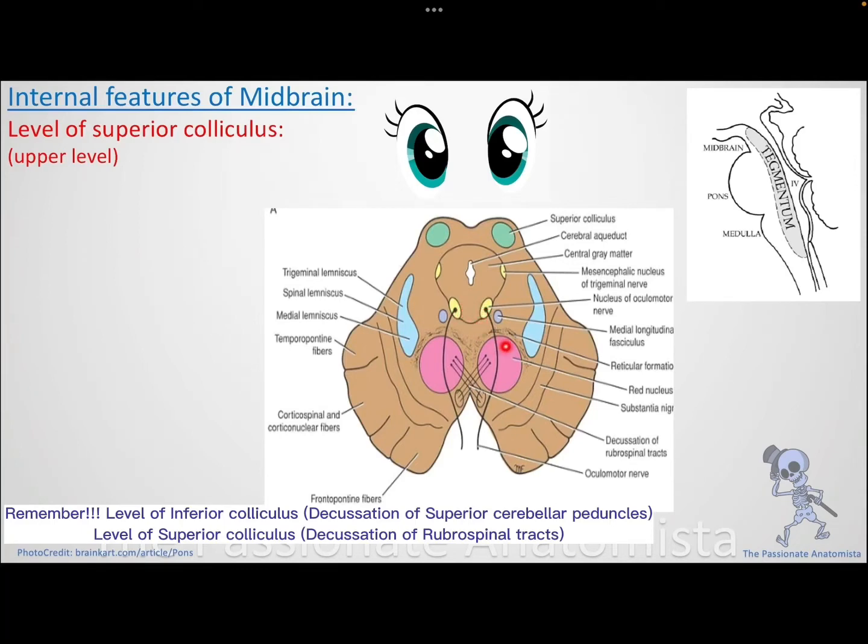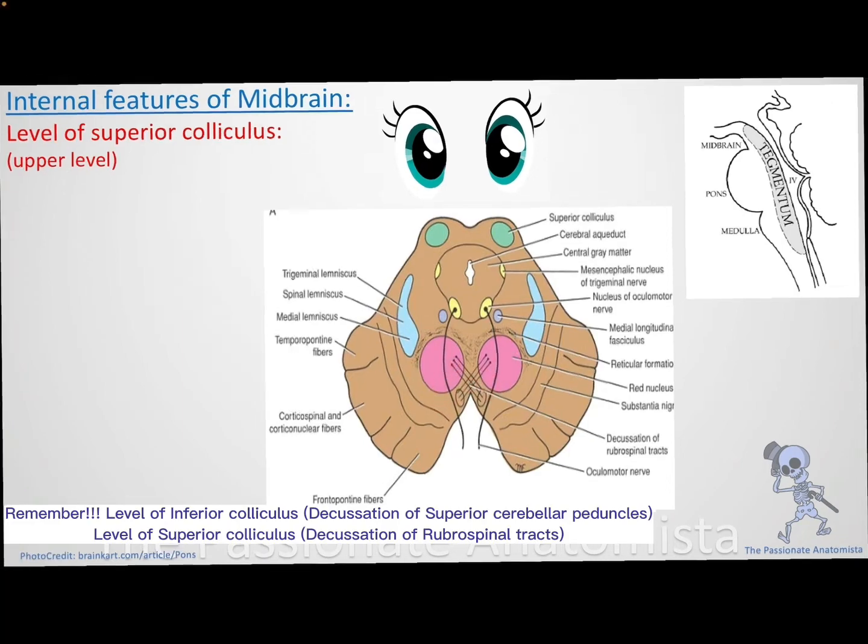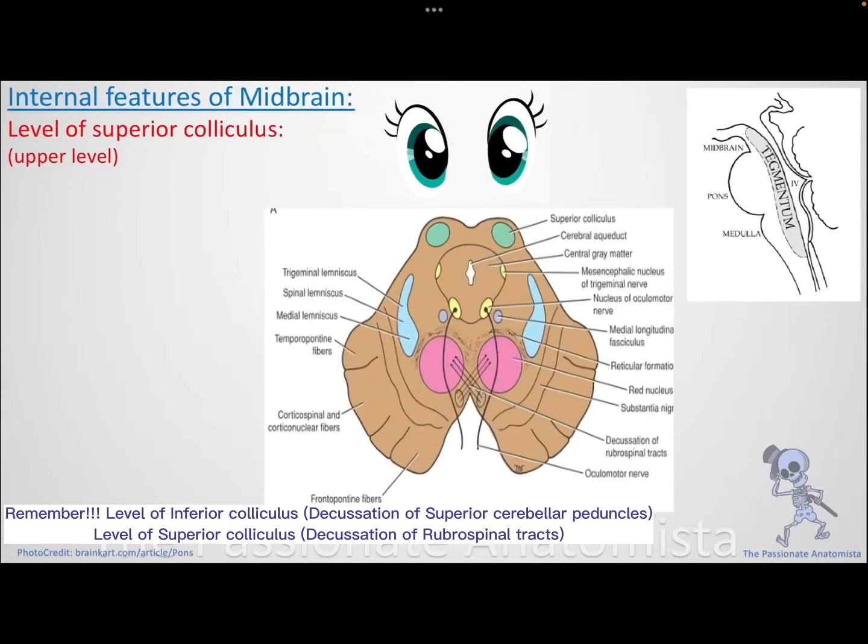All right. What do we have in the tegmentum? The lemnisci and cranial nerve nuclei. We have also the red nucleus, and the decussation, we call it what? The decussation of rubrospinal tracts, because red means rubro in Latin. So what do we have here? The descending corticospinal or corticonuclear fibers, and the substantia nigra separates your crus from the tegmentum, and the whole thing we call cerebral peduncle.